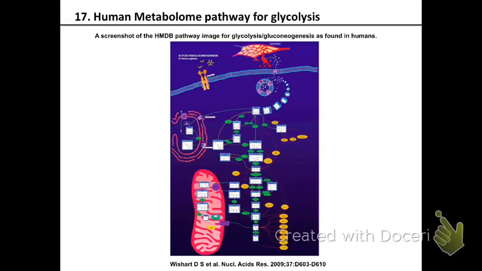Just to give you an idea what these kinds of metabolites are arising from, they are arising from different pathways in our body, right? So this is a screenshot from the human metabolome database, an image showing the glycolysis, gluconeogenesis pathway that's found in humans. And each of these little squares that contains a chemical structure refers to one metabolite that is known to be produced or used within this pathway.